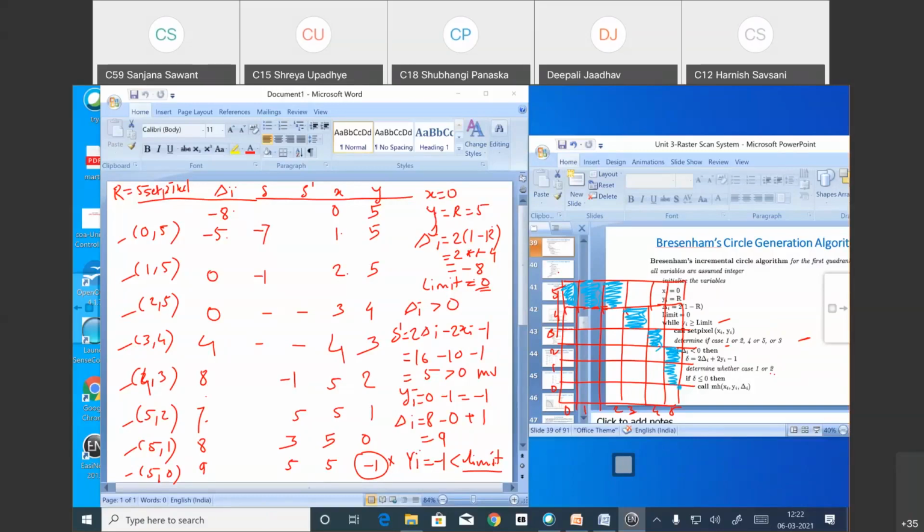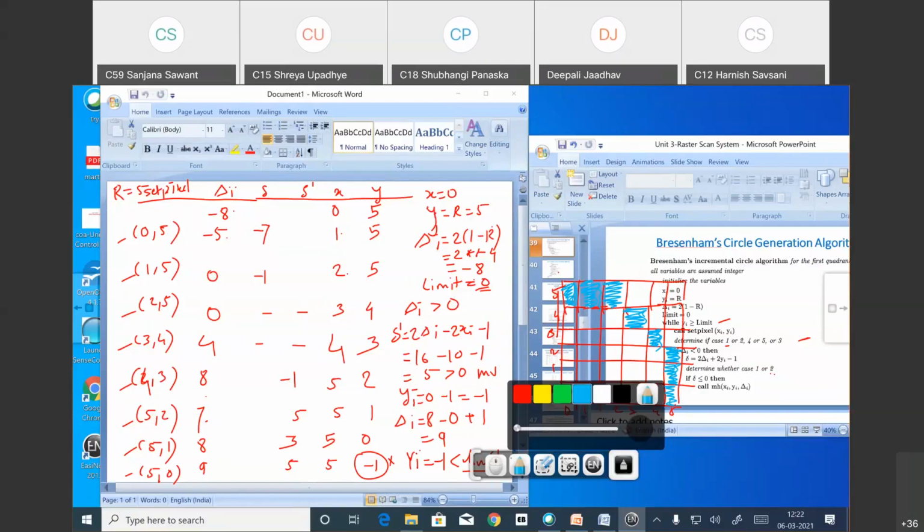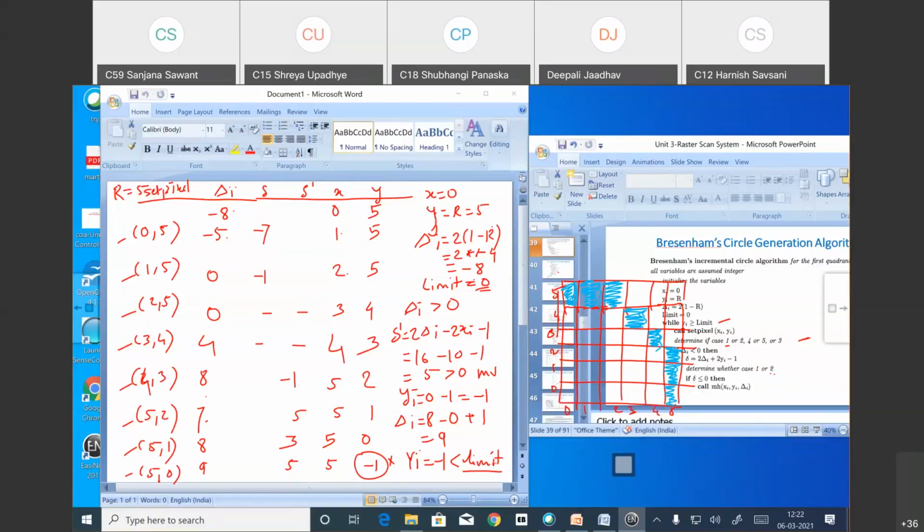And next one is 5, 0. So these pixels are selected. Suppose I draw a circle line like this. So in this way the pixels are selected and the circle is drawn in the first quadrant only.